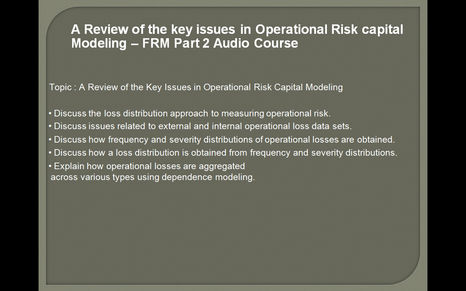We need to make ourselves familiar with the general structure of the loss distribution approach model and understand the application of frequency and severity distributions when modeling losses. So the loss distribution approach is going to remain our main focus here, and we are into the section of measuring operational risk. So a bank's capital methodology must address unexpected loss.